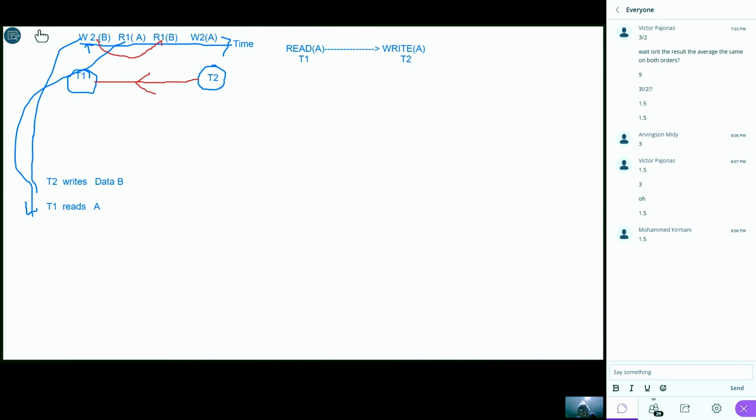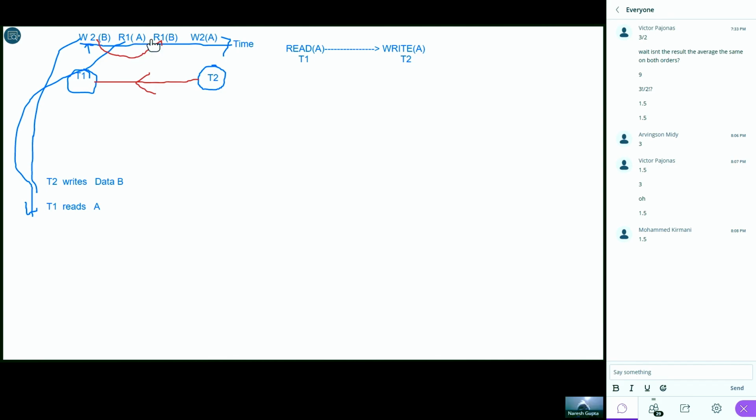Okay, now let's see this. Does this interfere with this? No, because this is working on B, this is working on A. Now, what about this? Does this interfere with this? No. A transaction doesn't interfere with itself. A transaction only interferes with some other transaction.